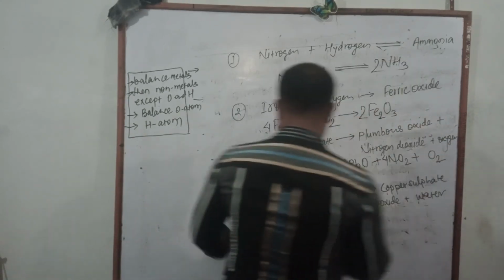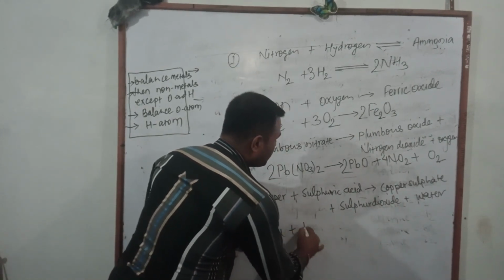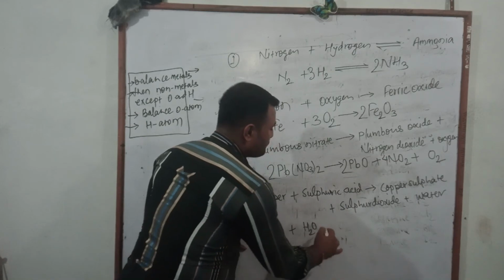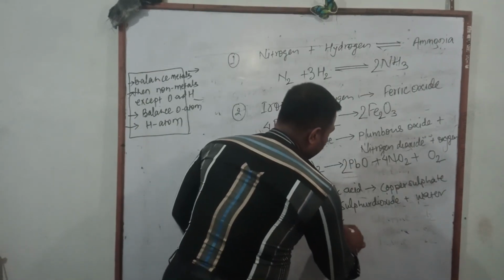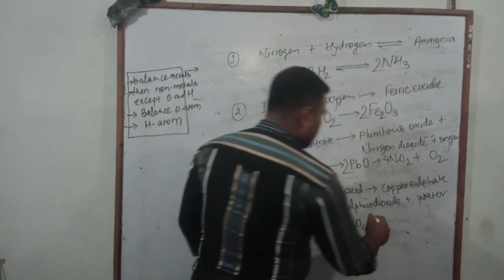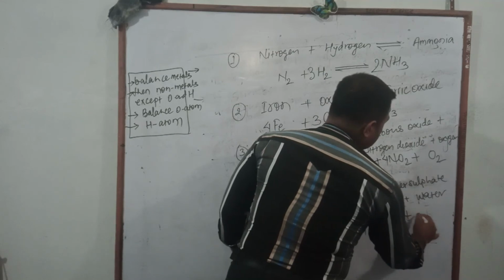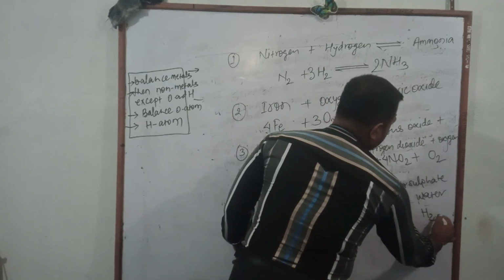Copper is represented simply by Cu, sulfuric acid has the molecular formula H2SO4, copper sulfate CuSO4, both having 2 valency, sulfur dioxide is represented by SO2, and water is represented by H2O.